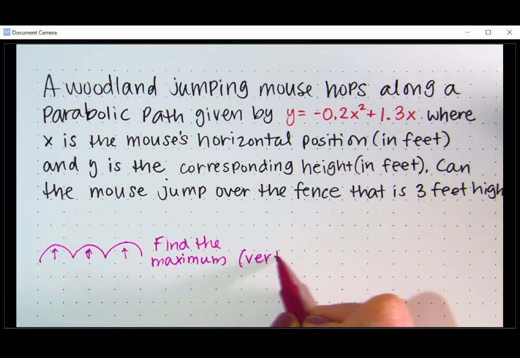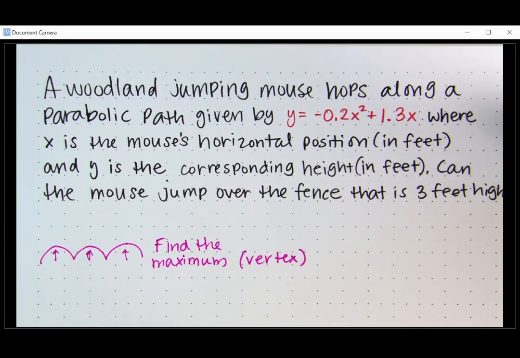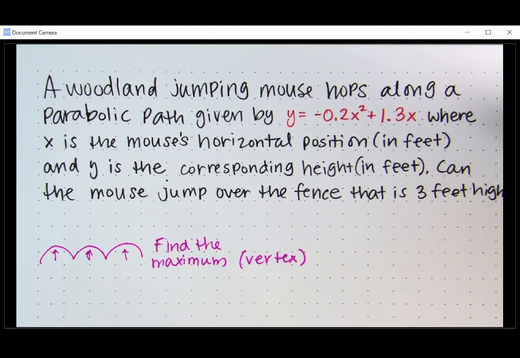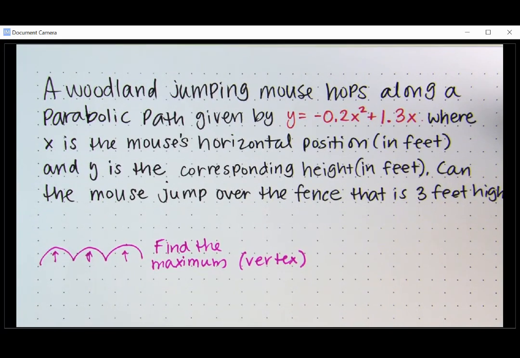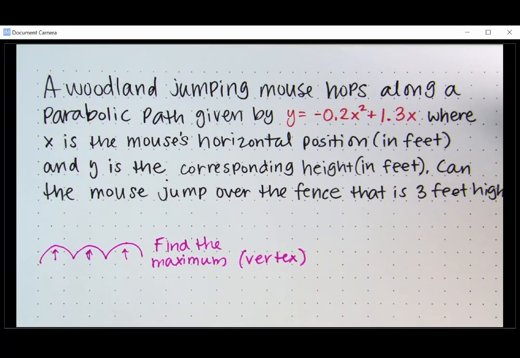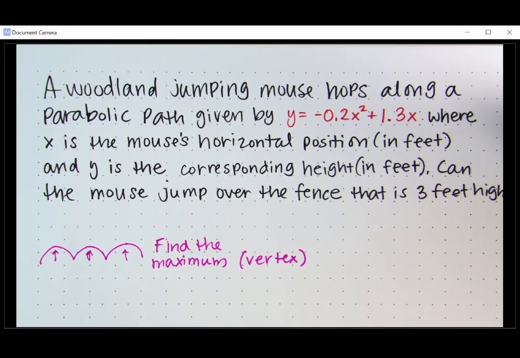If we find the vertex, that can also tell us the maximum, right? If I can find the vertex, then I know how high this mouse jumps. So let's take a look at how to find our vertex.